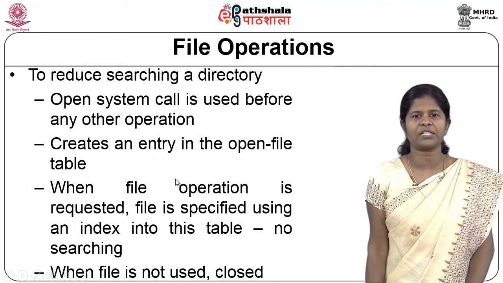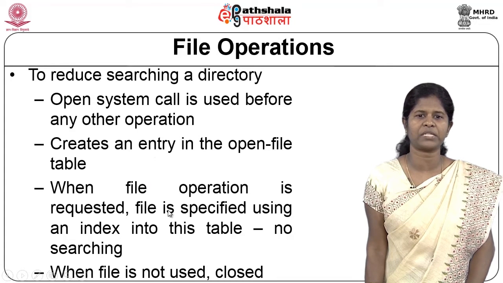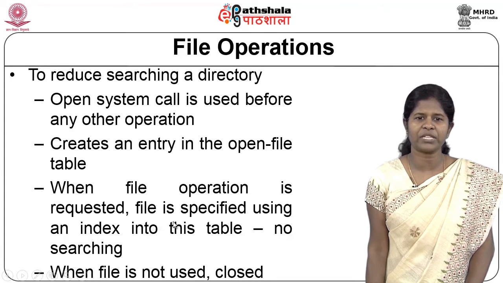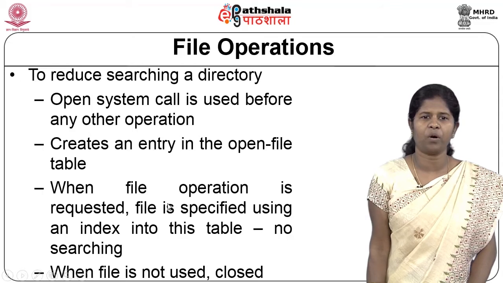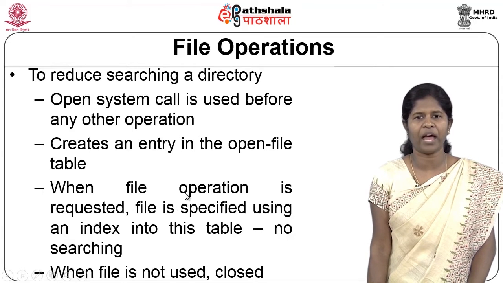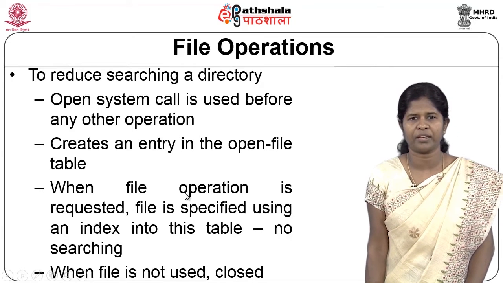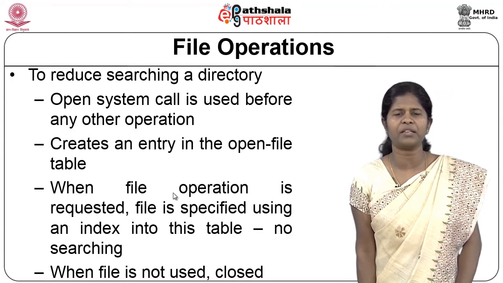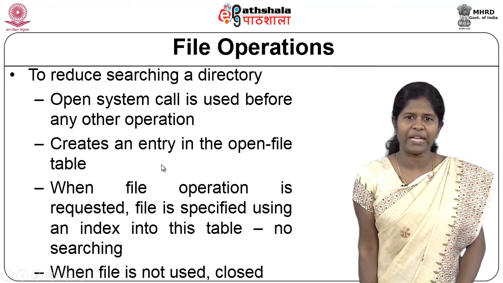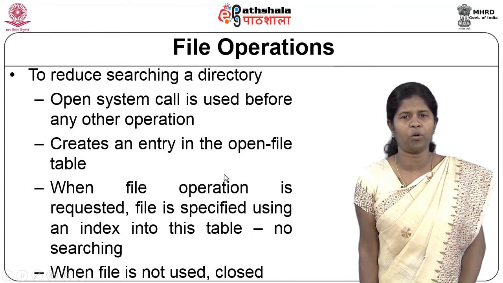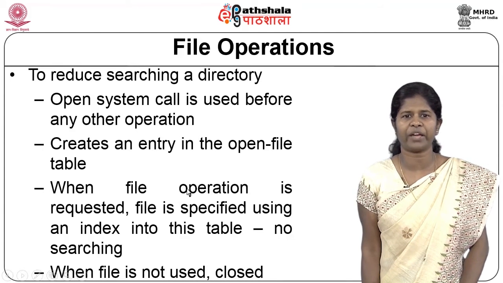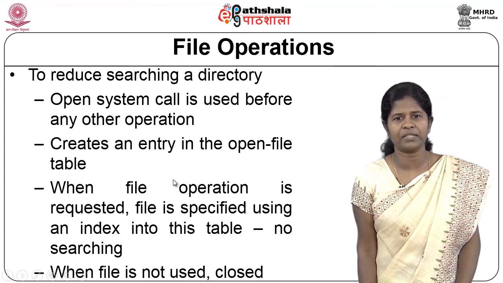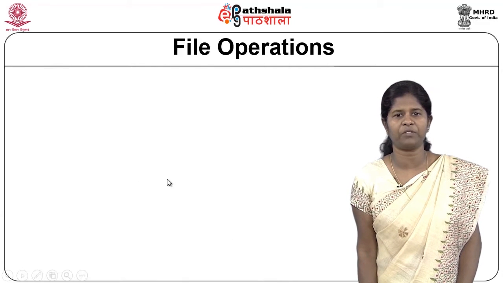And after that, whenever file operations are requested, you just have to look into this open file table, and you do not have to search through the directory. After finishing all these operations, when the file will no more be used, you will close the file, and in that case the entry in the open file table will be removed.